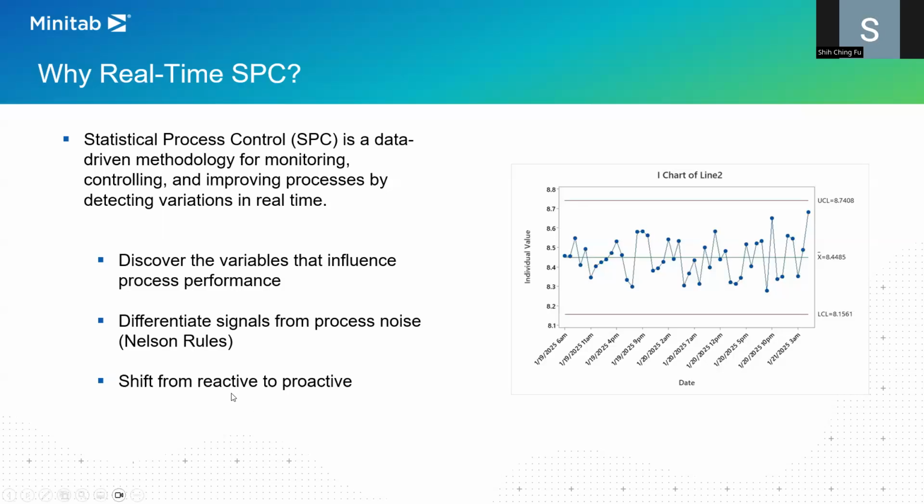But if you can get the signal of possible assignable causes in real time, you can take proactive decisions, because you don't want to generate failures where the dot is going to be outside spec or outside control. So this is why we need to use real-time SPC.